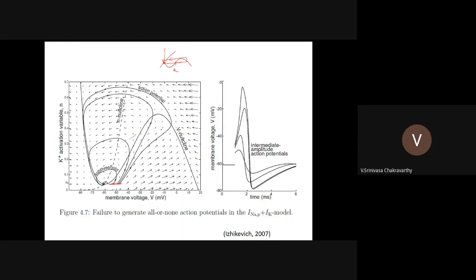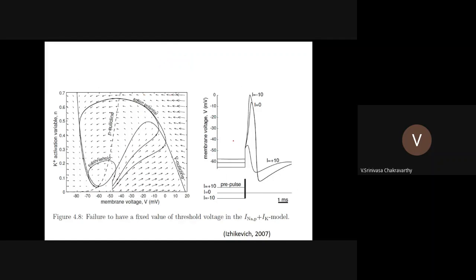Because of this set of parameters and this configuration, you don't see a very clear-cut action potential. It's more gradual. It's nonlinear, but there is no clear threshold. The same thing you see even when you take initial conditions where the initial voltage is all the same, but the initial n values, the n naughts, are varying. Even then there's no clear-cut threshold value.